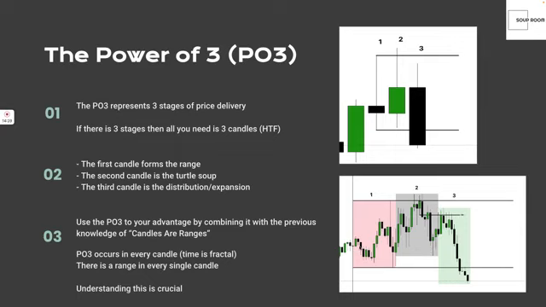Open, low, high, and close. This is accumulation. Candle 2, open, high, low, close. This is manipulation. Where did we manipulate? We manipulated the high of the first candle.